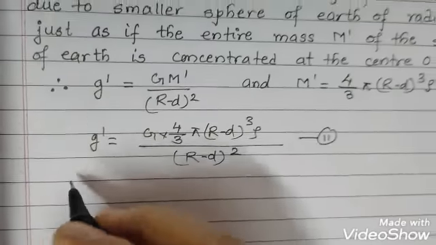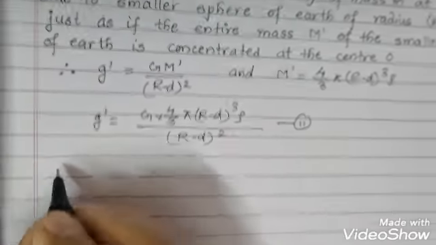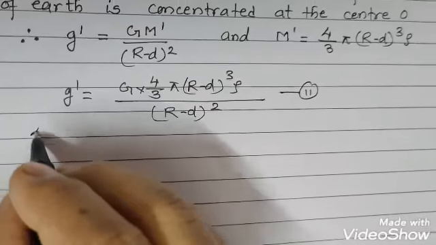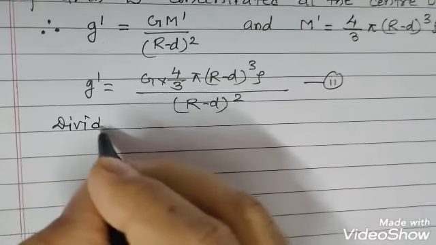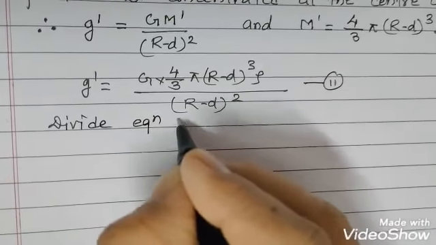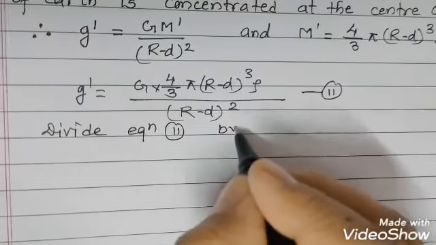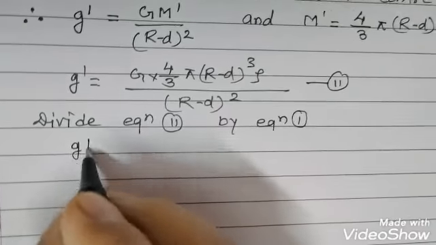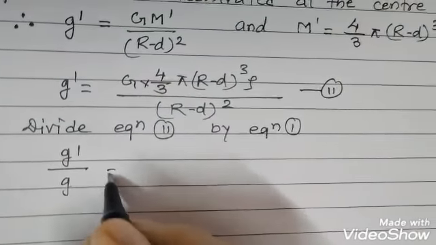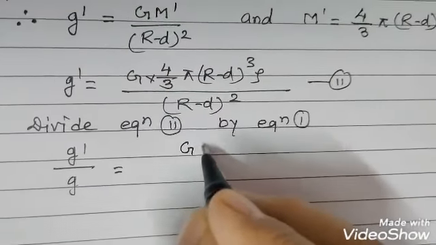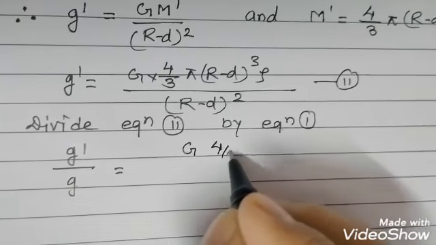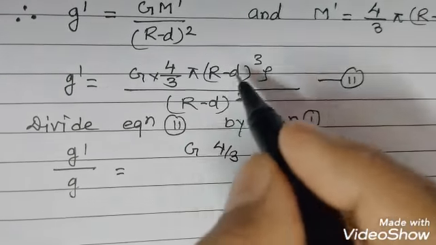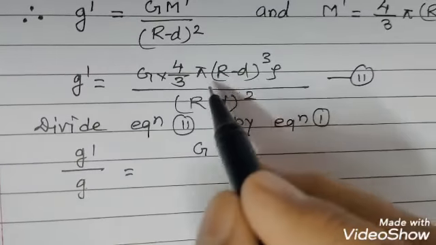Now we'll take the ratio of equation 2 and 1, or we'll divide equation 2 by equation 1. So g dash is divided by g now. G dash is G, 4 upon 3, and you can see here I have not simplified it.